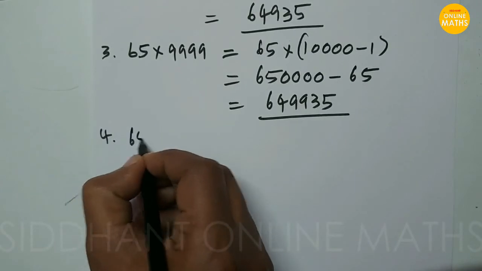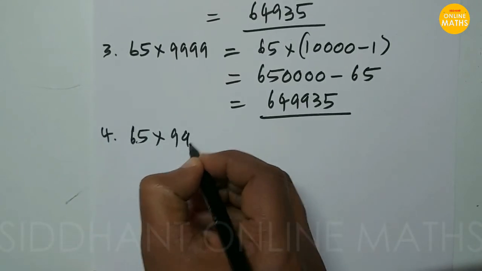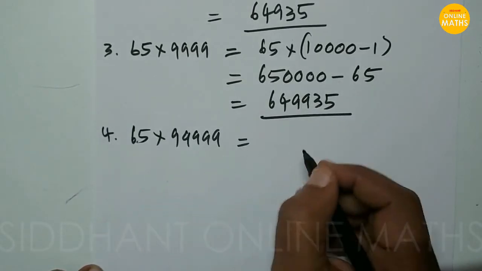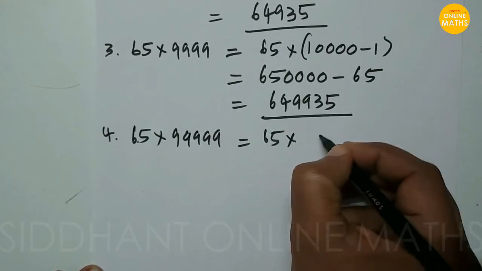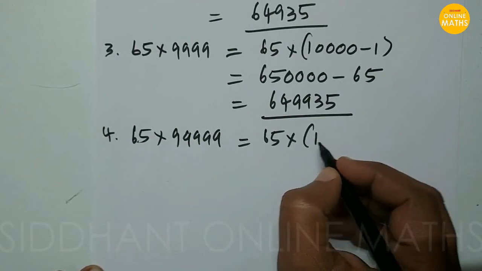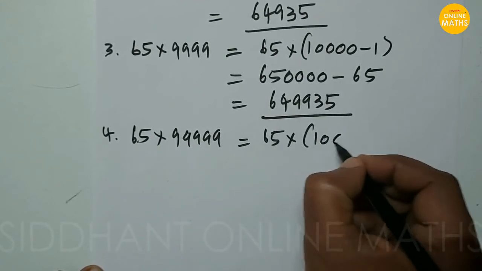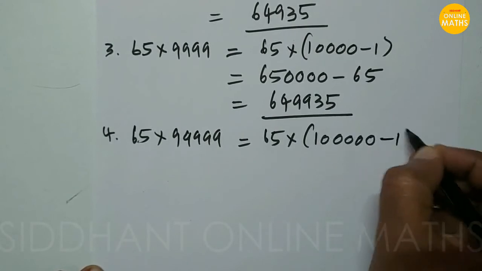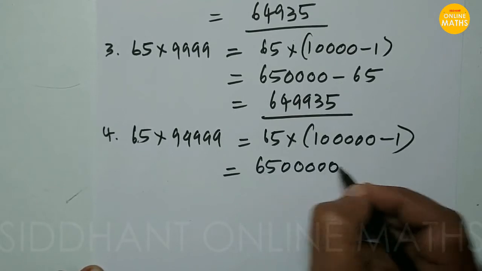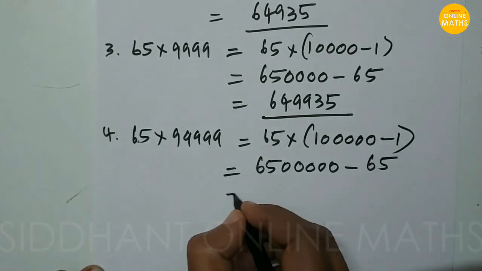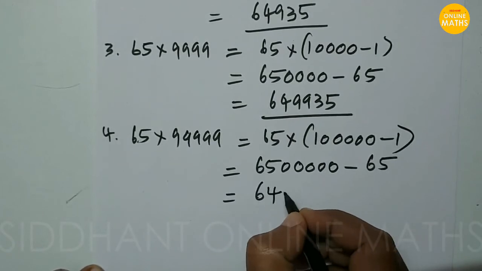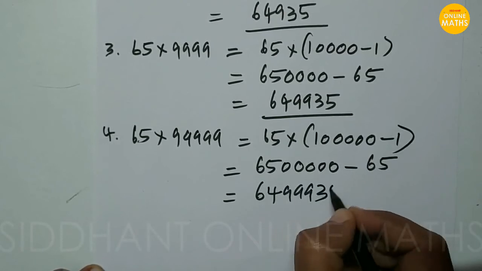Fourth, you see 65 into 5 nines. So this we are going to convert again into zeros. So 65 into 1. How many nines are there? That many zeros you keep. 5 nines are there, then you keep 5 zeros. Minus 1. So 65, 5 zeros, minus 65. So here you get 6499935.